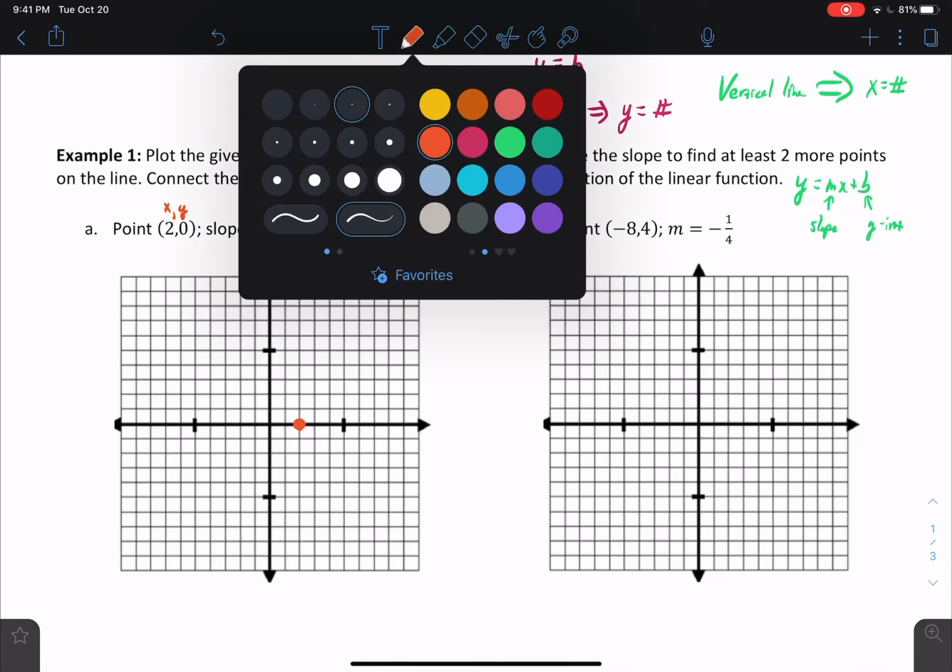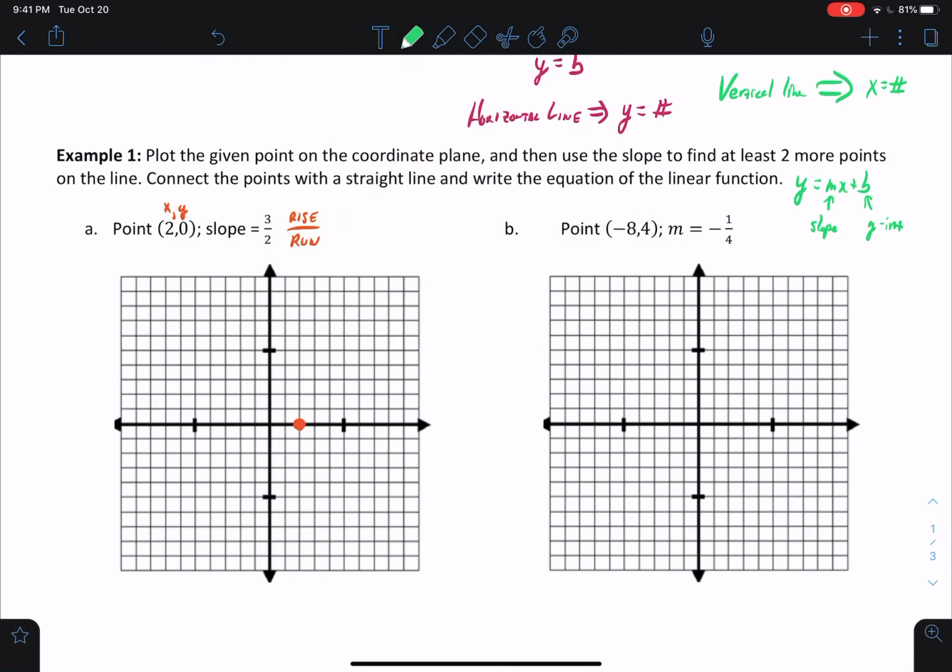If I start at this point, I could go up 3, to the right 2. I rise 3, I run 2. I could also go down 3 to the left 2. And notice how there you have your y-intercept.